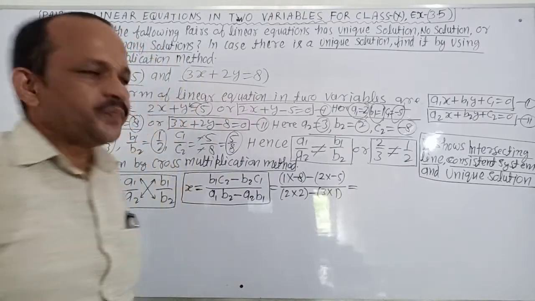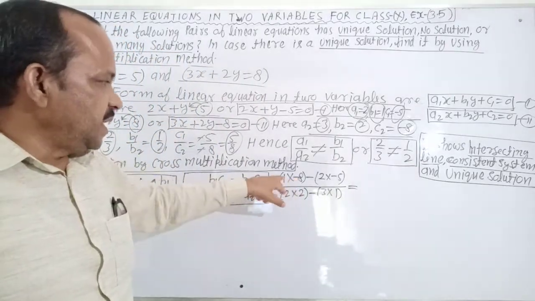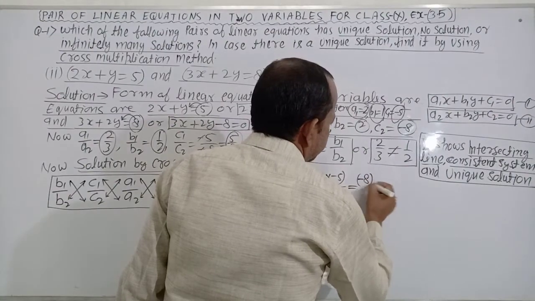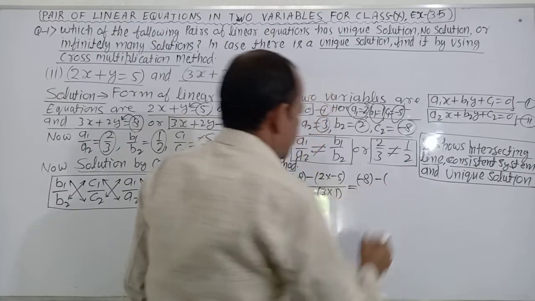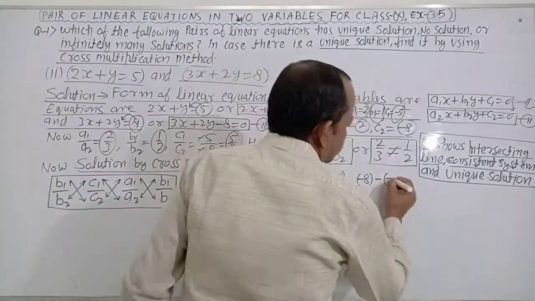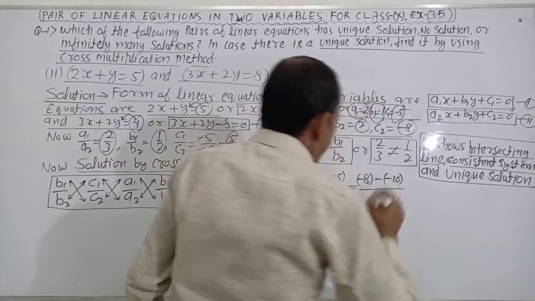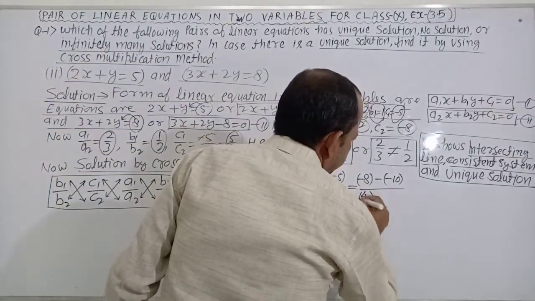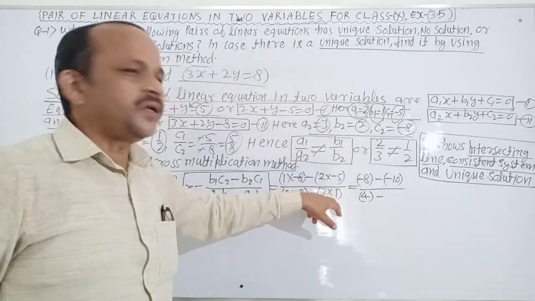Equal to minus 8 multiply 1. It become minus 8. Minus 5 multiply 2, minus 10, upon 2 twos are 4, minus 3 ones are 3.